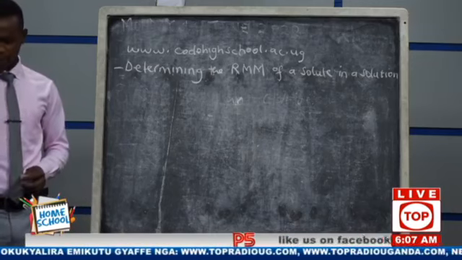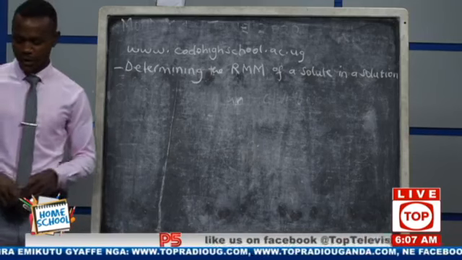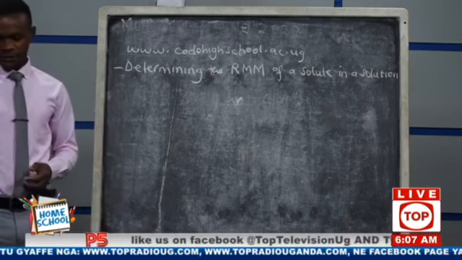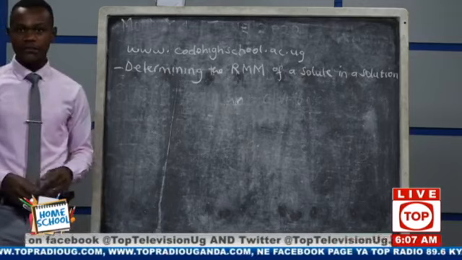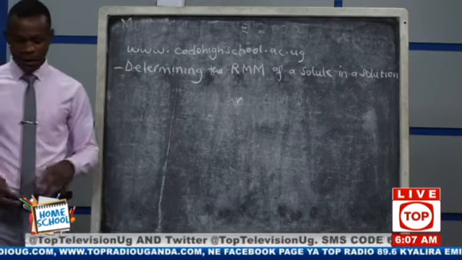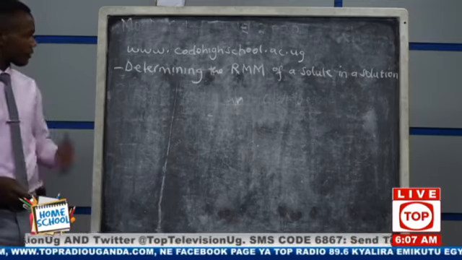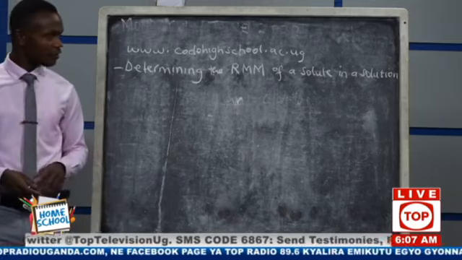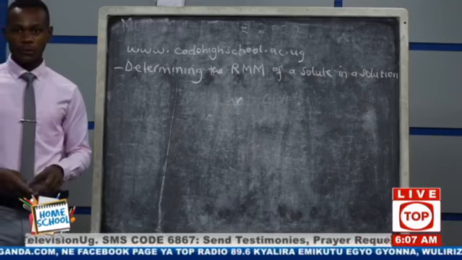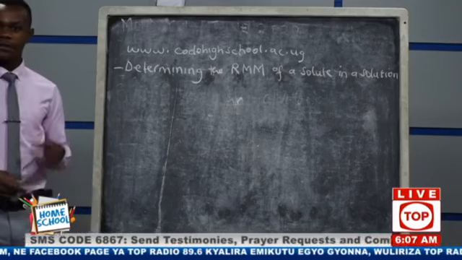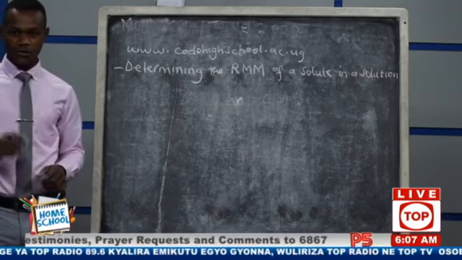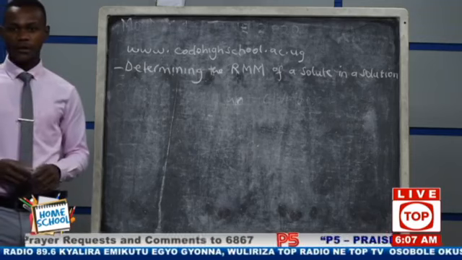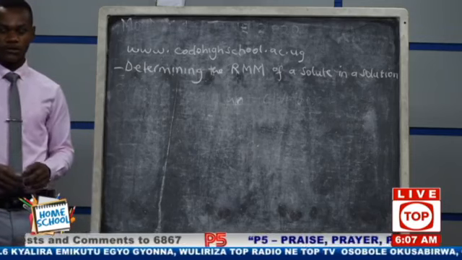So yesterday we looked at a number of things. We had to define what a colligative property is and how it came about. We said that when you dissolve a solute in a solvent, you form a solution. However, the properties of the solvent change, and those properties that change are the ones we refer to as colligative properties.